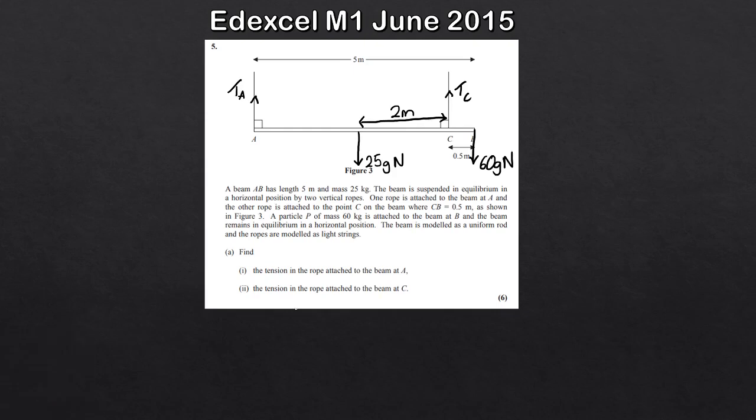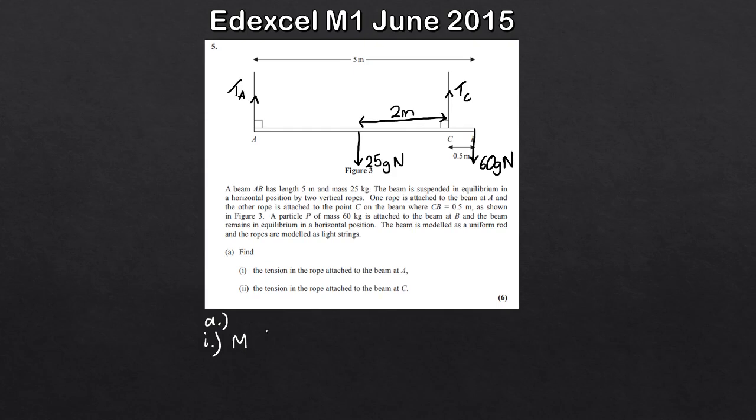We want to find the tension in the rope attached to the beam at A. To find the tension at A, I'm going to take moments at C, and that's going to give us the tension at A. Again, let's define a sense of direction for positive.